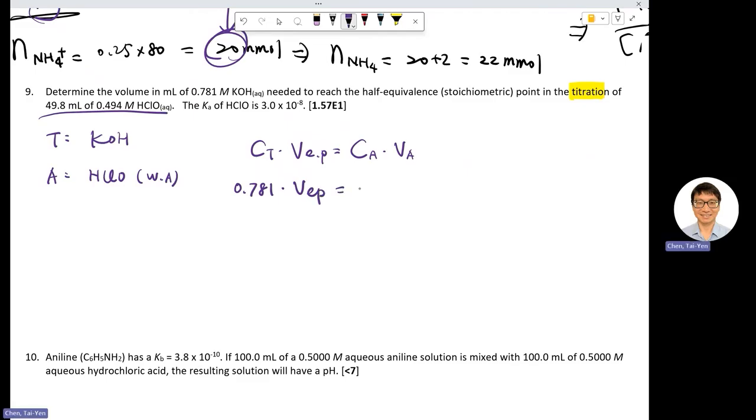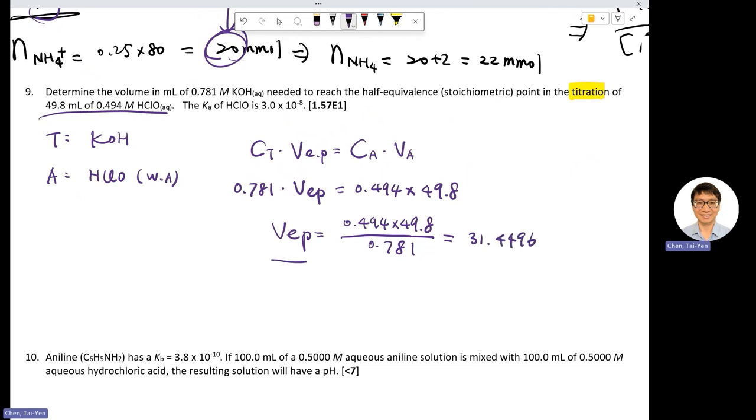The concentration of your analyte is 0.494. The volume of your analyte is 49.8. So your VEP is simply 0.494 times 49.8 divided by 0.781, which gives you a value of 31.4496.